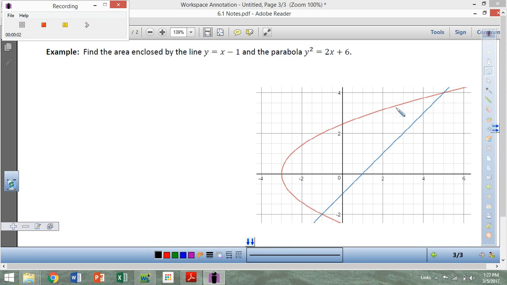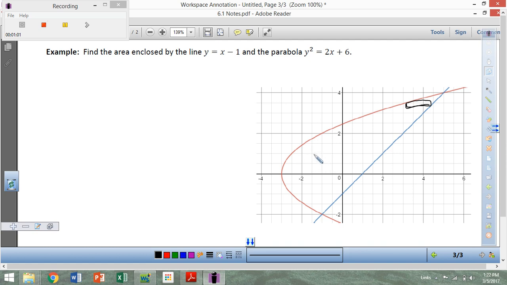So in some cases it's going to make more sense to make the rectangles oriented horizontally. I always think about this as a horizontal rectangle: I'm always going to have this blue line defining the right of the rectangle and the red curve defining the left part of the rectangle. So no matter where you're at, that's what you're always going to have.